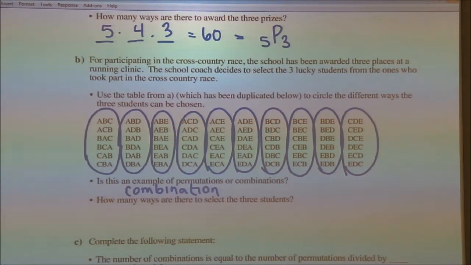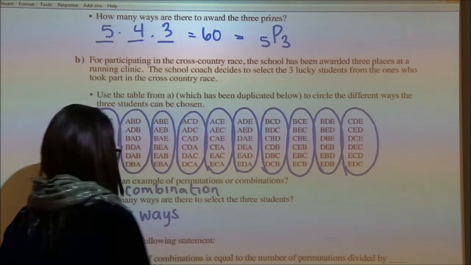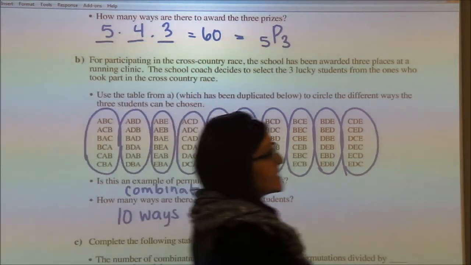So if I look at the number of groups that I circled, how many groups did I circle? 10. So the number of permutations was 60.